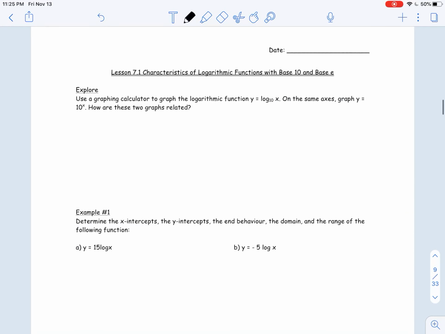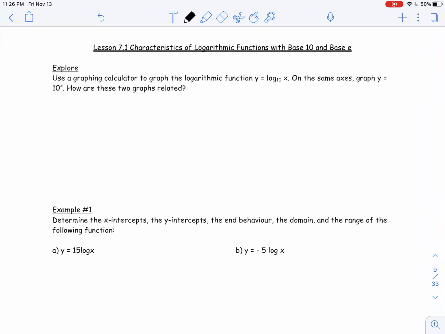Okay, so what we're going to do is this last one, 7.1, takes about 10 minutes. That's why I included it with this lesson. It's the same stuff, same idea, just a different button that we're pressing to graph a logarithm. What I want to show you is the difference between a logarithm and 10 to the power of x. I want to graph this in my calculator and this in my calculator.